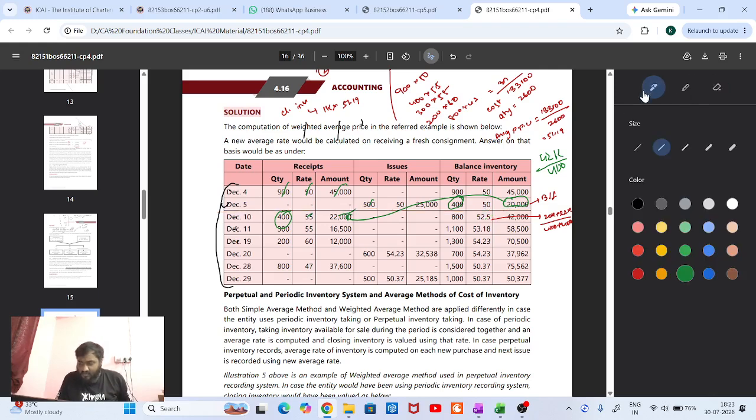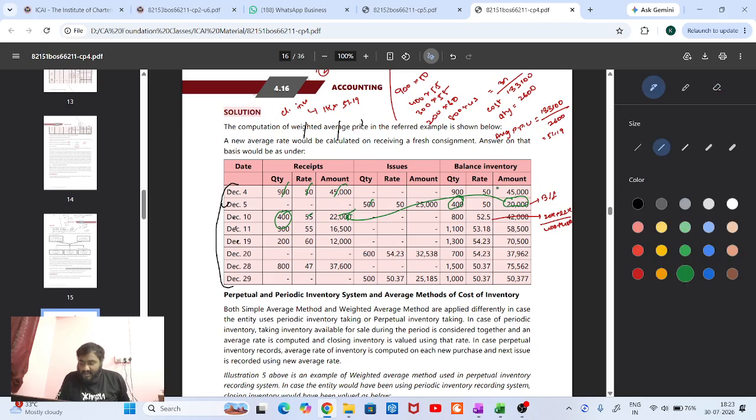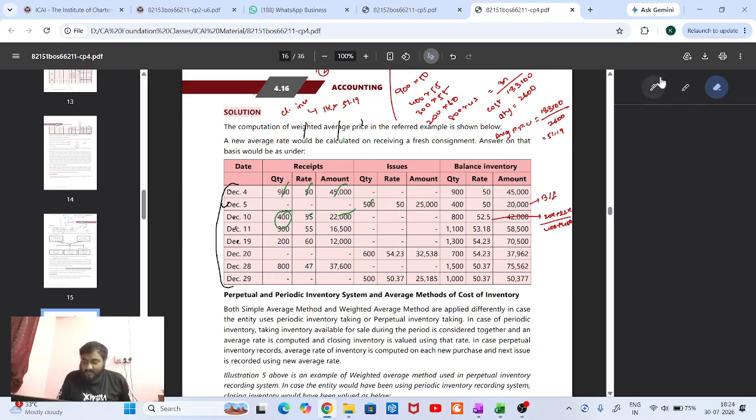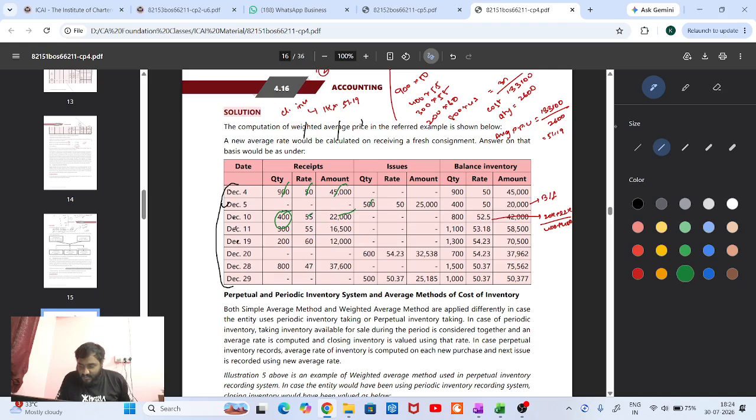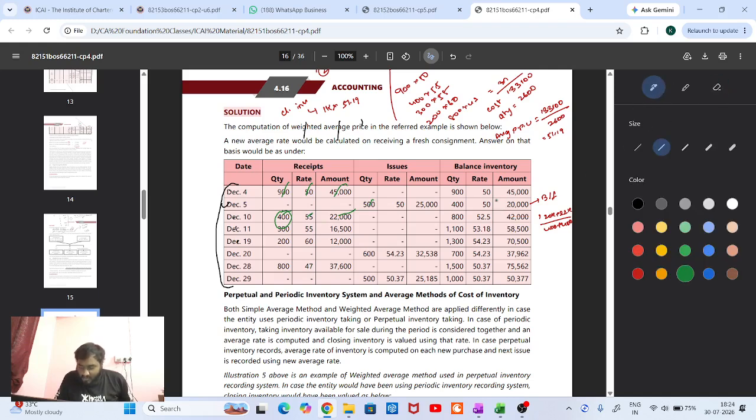Again, I will tell you, in the weighted average portion, the thing is how much is the value that is lying in our stock. This is the value.